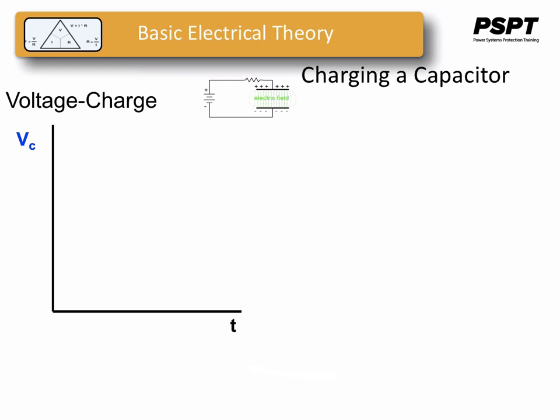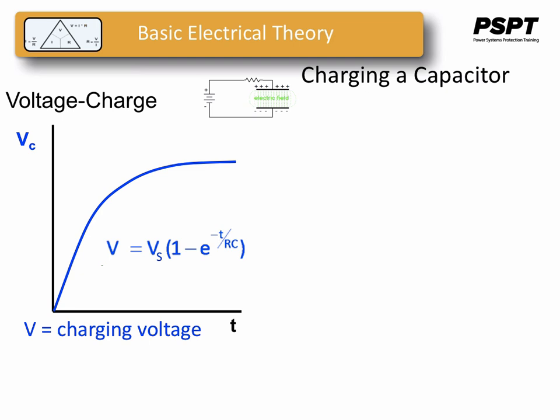The mathematical formula for this charging curve and its plot of charging voltage versus time is shown here. V is the voltage across the capacitor. Vs is the supply voltage, or the battery in this case.